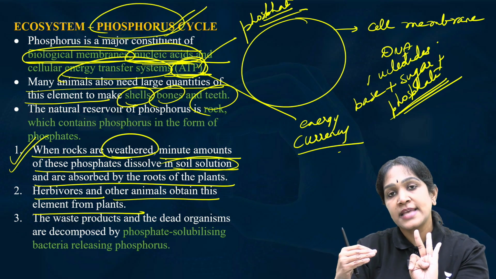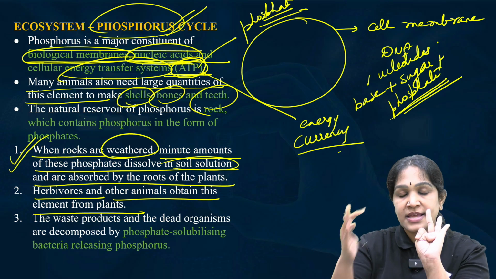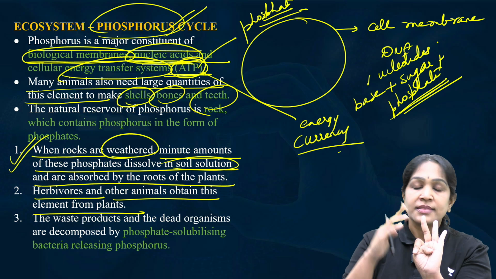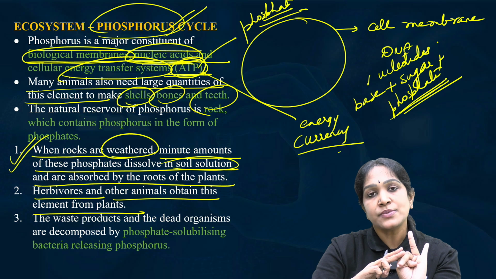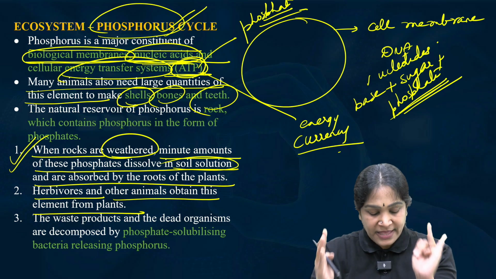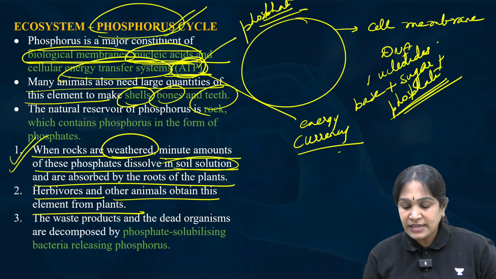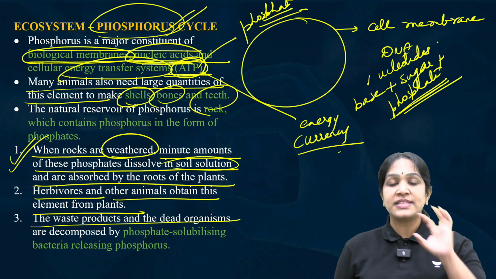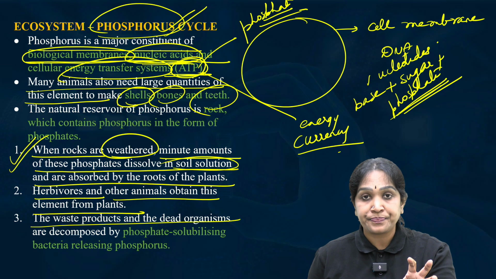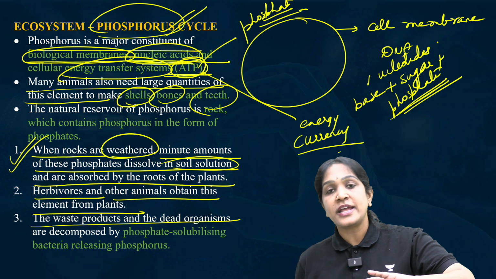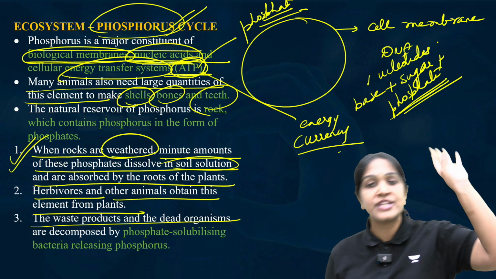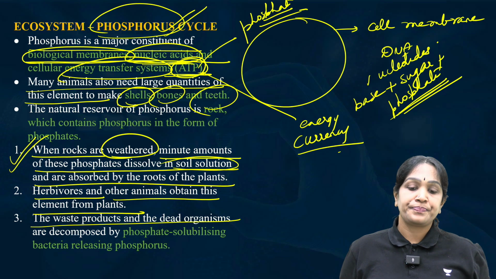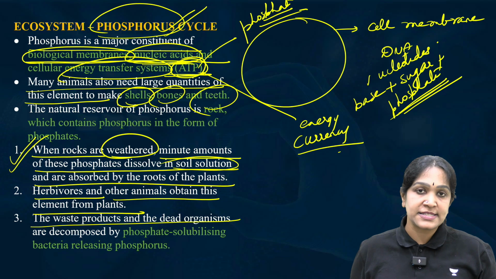So the phosphorus enters into the plants. Third step, the consumers will eat these plants. So the consumers will get phosphorus from these plants. And when these plants and animals die, and through their waste products, through the process of decomposition, humus formation, the phosphorus will again reach the soil. Okay, this is called the phosphorus cycle.